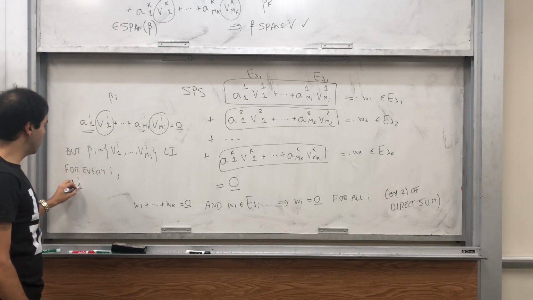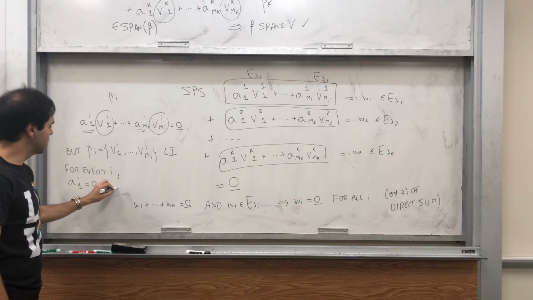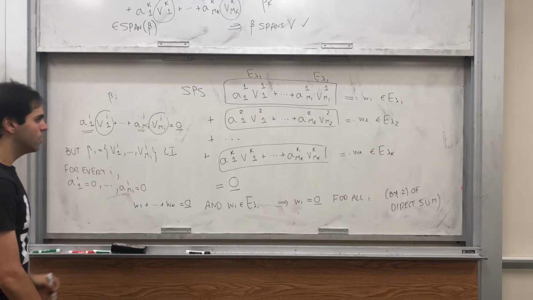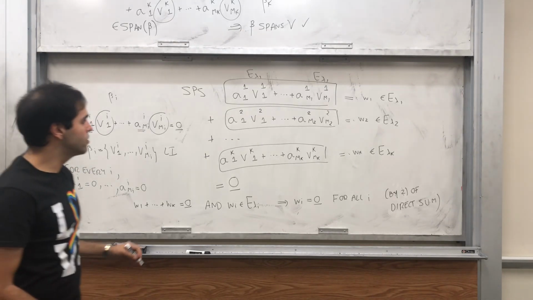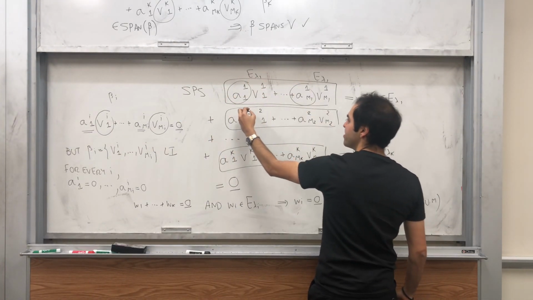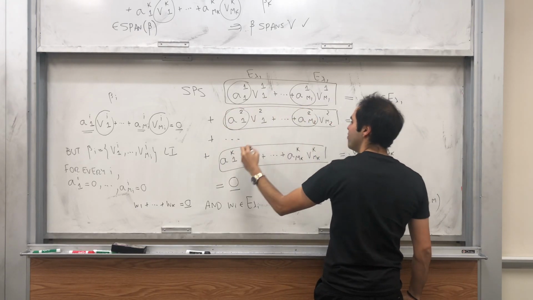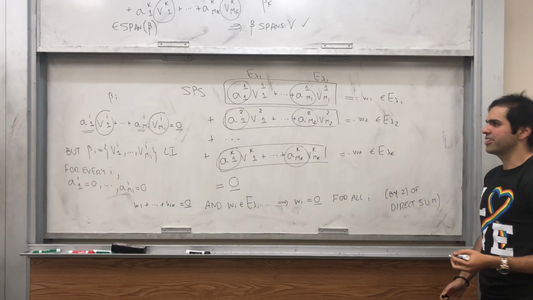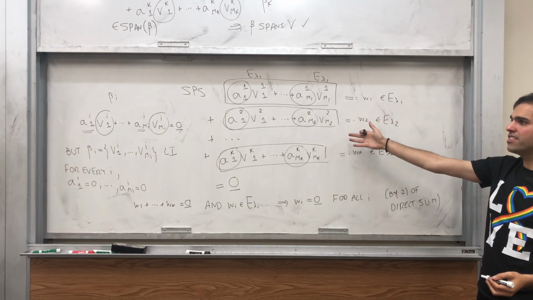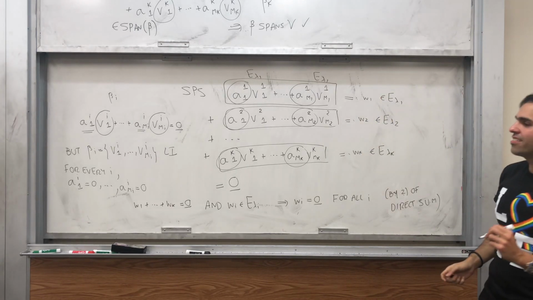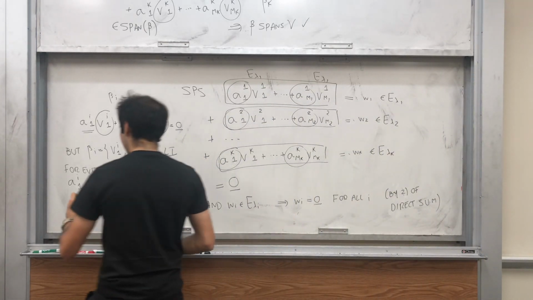So a_i1 equals 0, up to a_iMi equals 0. And because i was arbitrary, we get the first round of coefficients is 0, the second round of coefficients is 0, and the last round of coefficients is 0. So everything is 0, and therefore we get that beta is linearly independent.